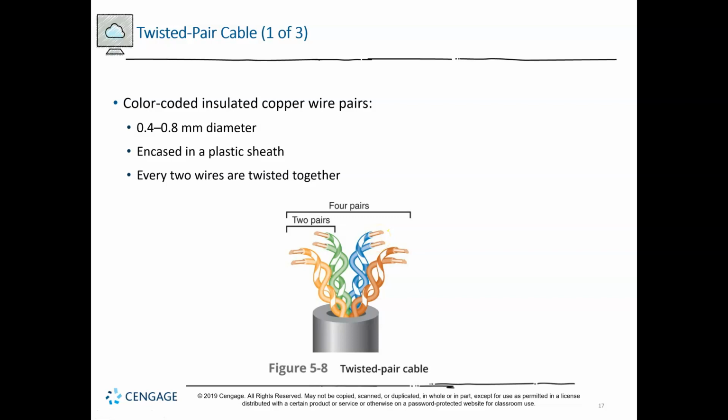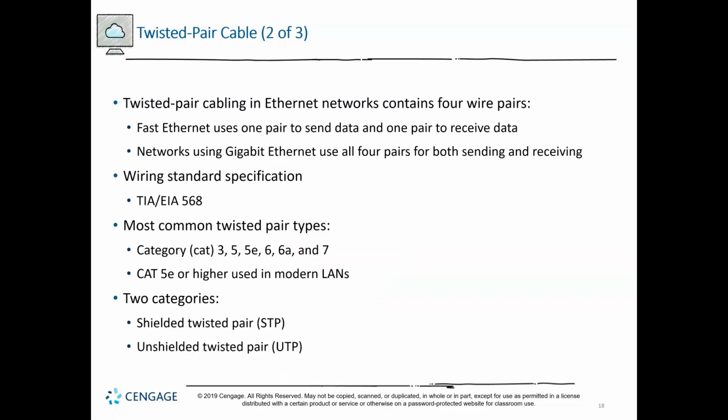Until we came along and wanted to upgrade them to gigabit or faster networks that used all 8 wires, and all of a sudden the world comes to a crashing halt, and we have to add all kinds of new cabling in there. So that's where it has that idea, fast internet, or 100 megs per second, where it's divided up. But anything using gigabit or higher is all going to use all 4 pairs.